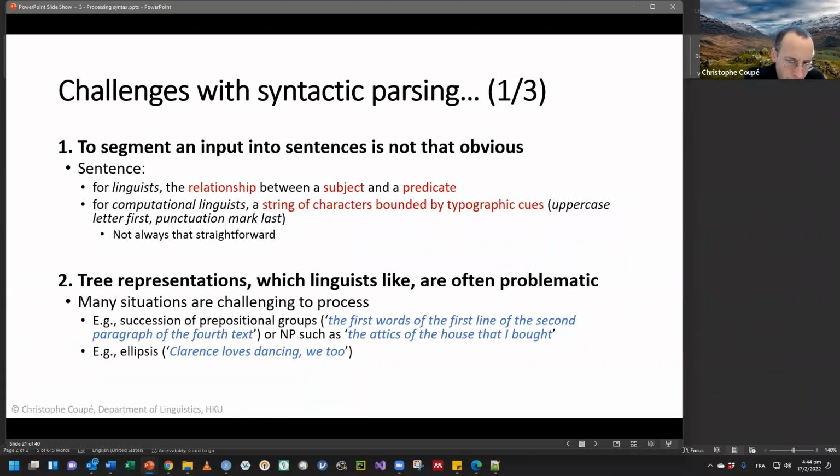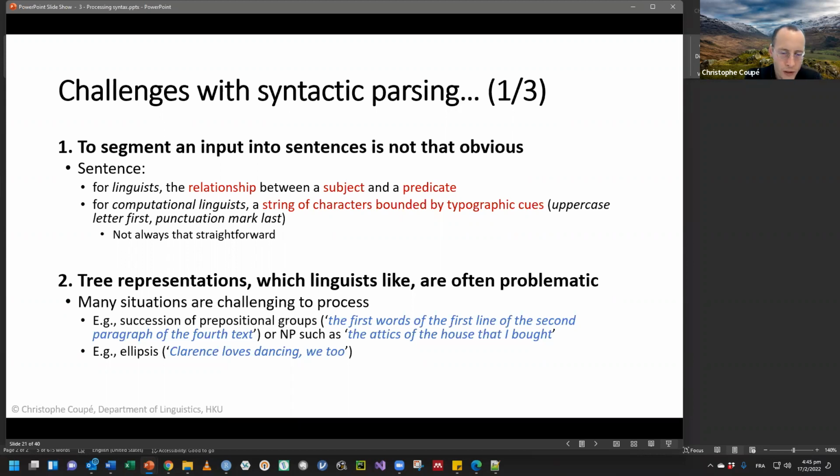The problem is that it's very nice in theory, and if you are a good linguist, you know how to do it, although there are different theories and you might have different options for the trees, etc. But there are many situations where it's very challenging to build a tree and to process a sentence. For instance, when you have things like the first words of the first line of the second paragraph of the fourth text of the fifth book.